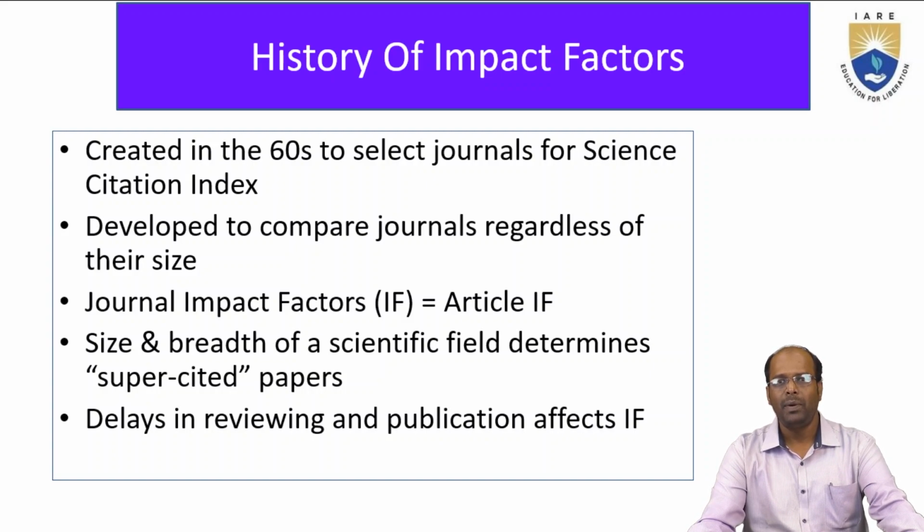The journal impact factor is represented with IF. Then there is the article impact factor. The size and breadth of a scientific field determine super cited papers. Suppose how is the journal impact factor calculated? It is influenced by the article impact factor.